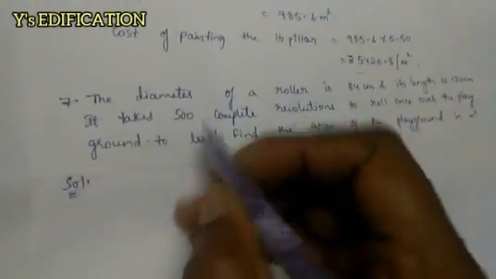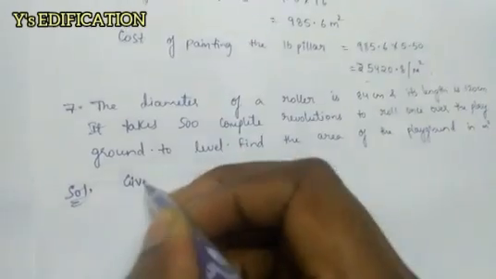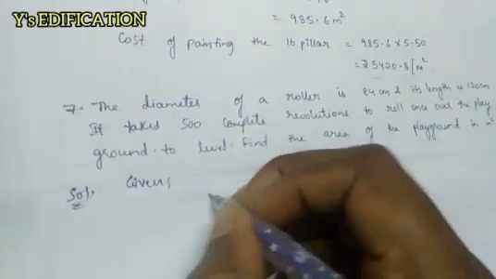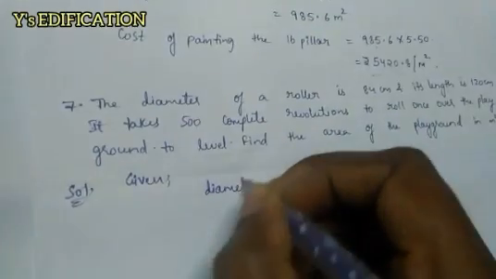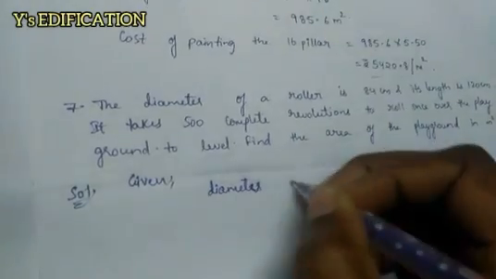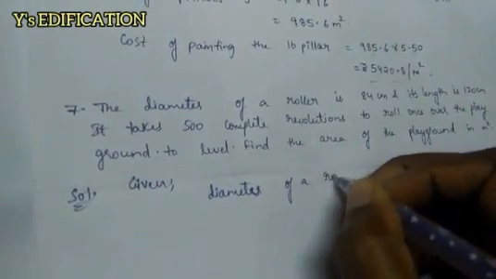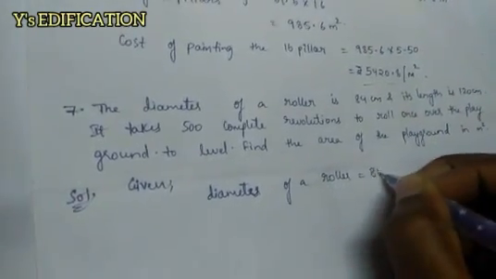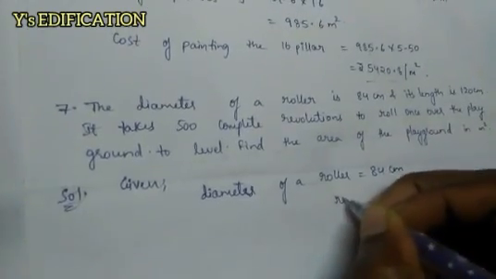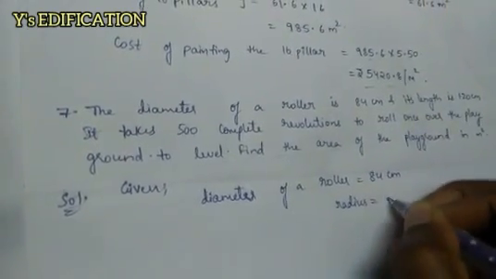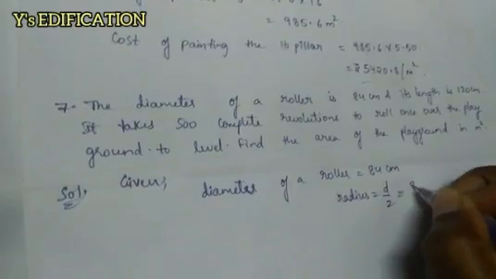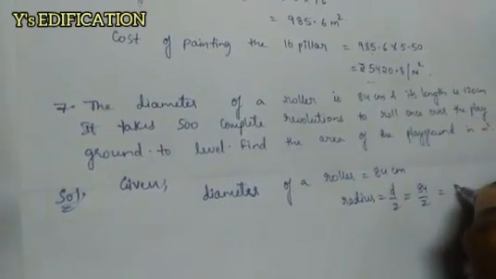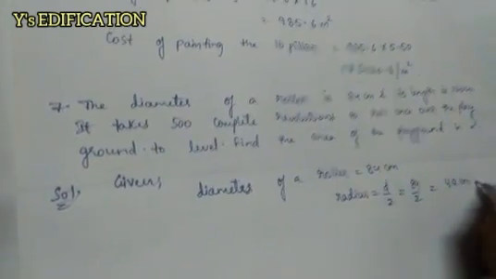Okay. So first write down the given data. What is given here? The diameter of a roller is 84 centimeters. We want radius. So radius means d by 2, that is 84 by 2 is 42 centimeters.